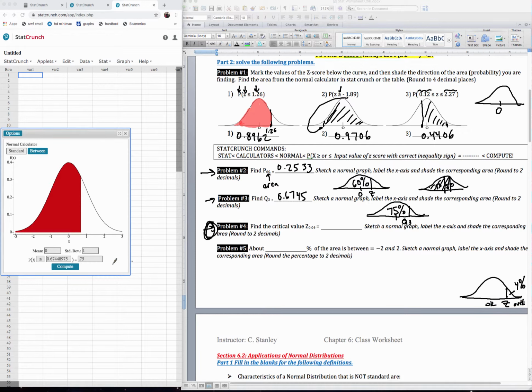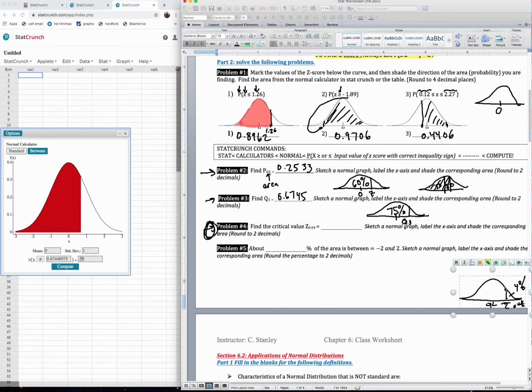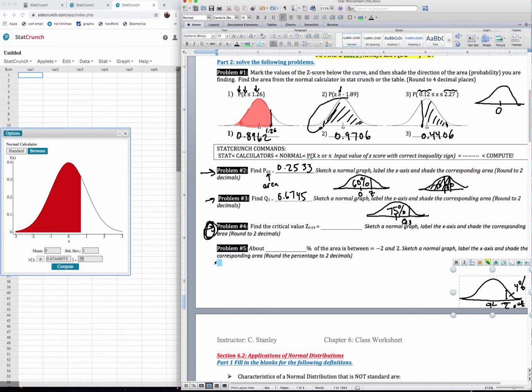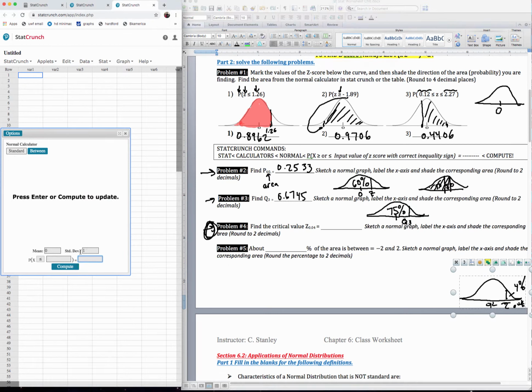Okay, so to do that, just come over to my normal calculator, and since I'm working on the right side, we want to change this to a greater than sign.